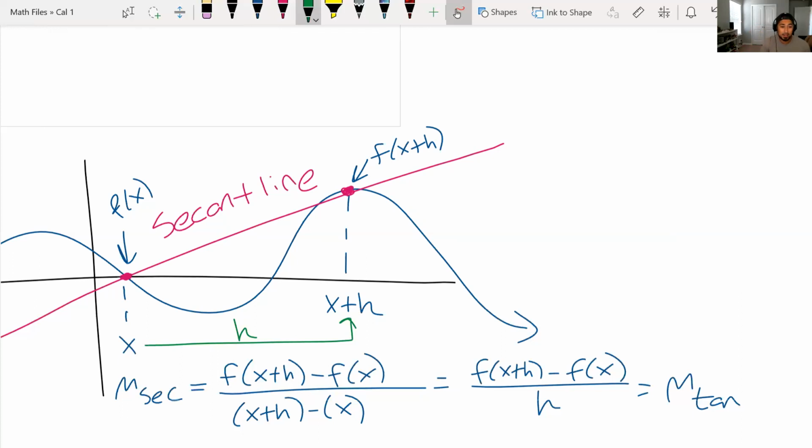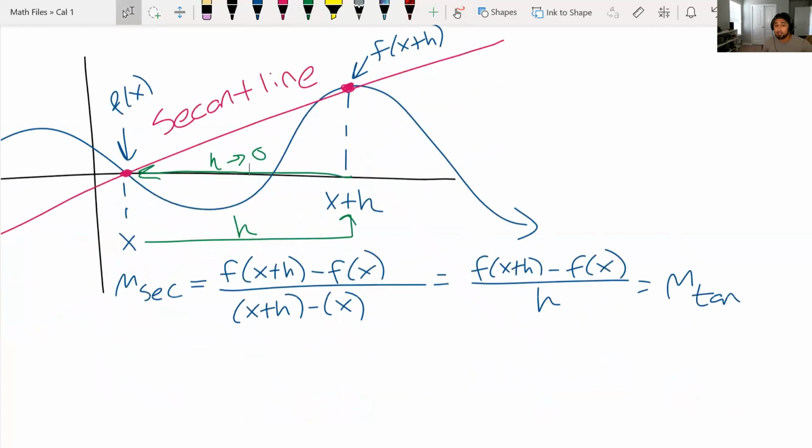But let's say that our h value is approaching 0, meaning the distance from one point to the other is approaching 0.